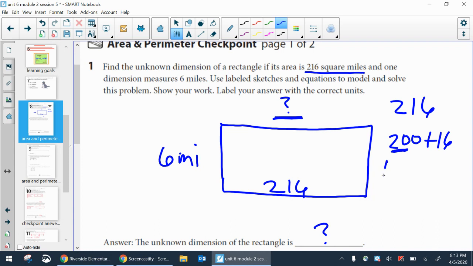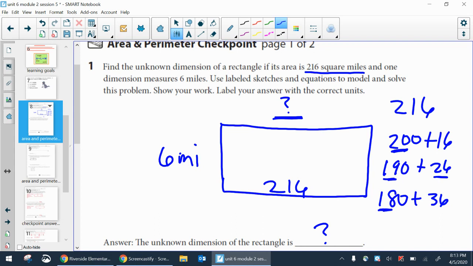So maybe I would try 190, because I'm still breaking 216 up. 190 plus 26. Again, this 19 is not going to divide equally into 6, or this 26 is not going to divide equally into 6. So sometimes some of these strategies, you really have to just go about it using a little bit of trial and error. So I'm going to try now 180, and I would need to add 36 to equal my 216.